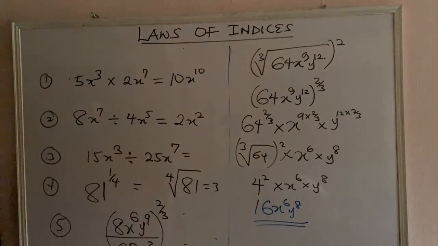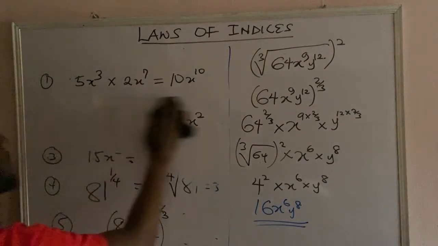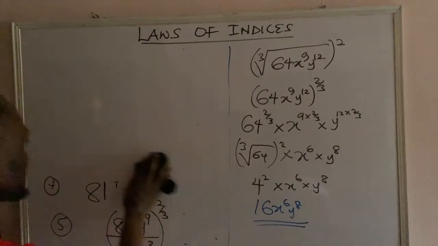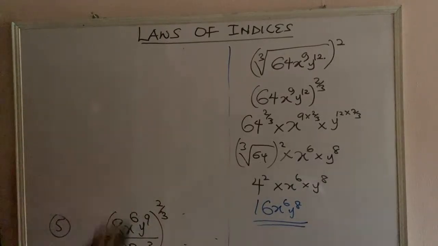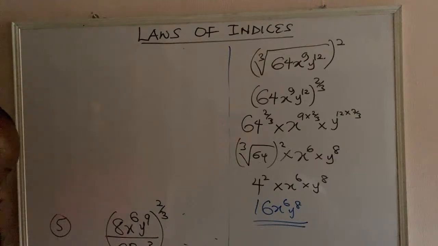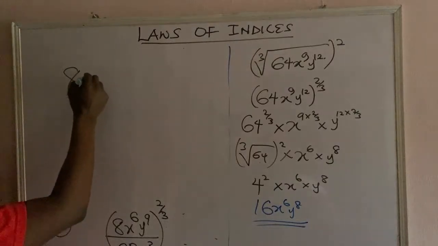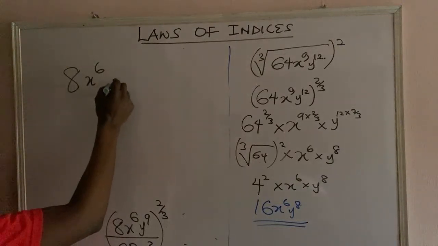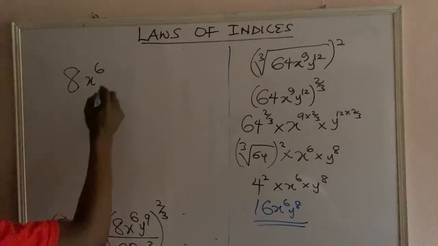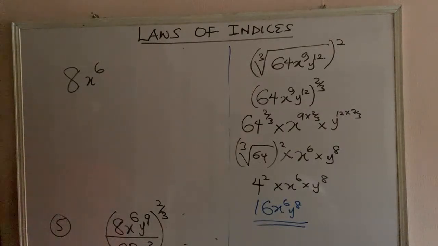So let's take the last question, and then we are done with this class. For this, we have 8x to the 6, and so on. There are 2 ways we can do this. It all depends on what you want to do.